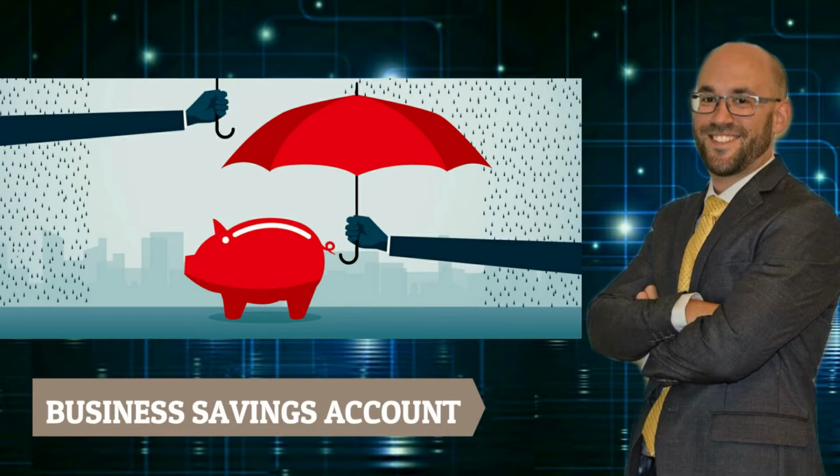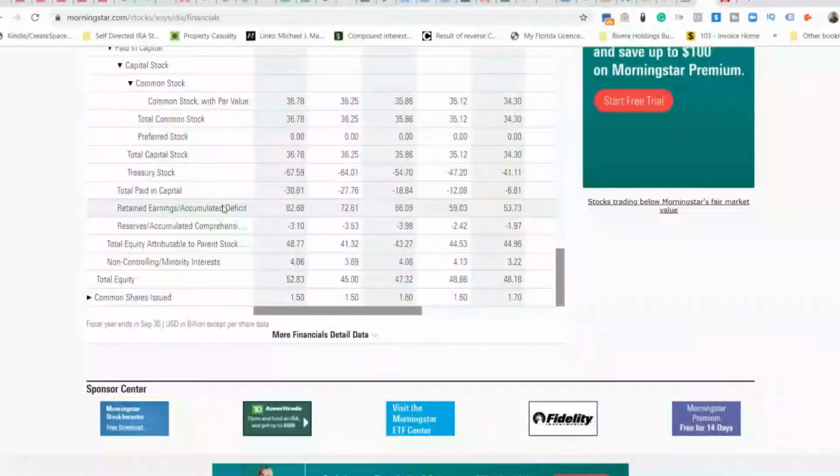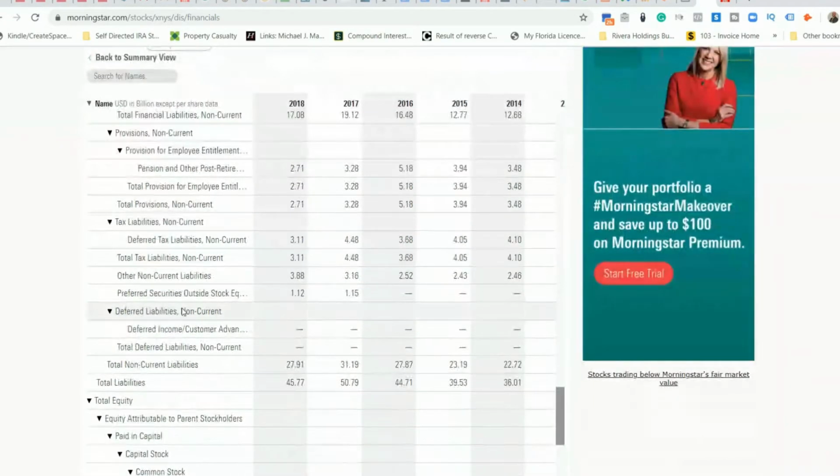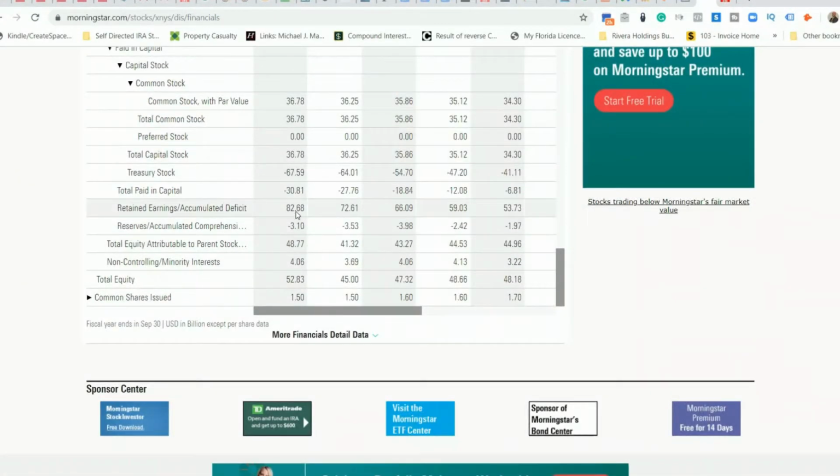So the company should have this amount, in Disney's case, 82, I think this is in billions. Yeah, billions. $82 billion worth of profitability built up over time.